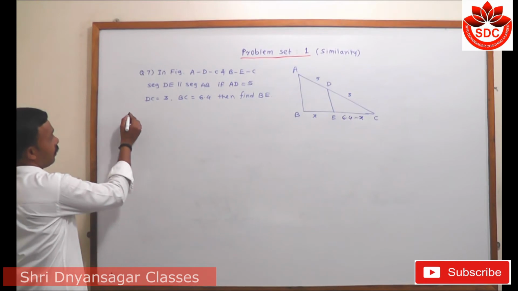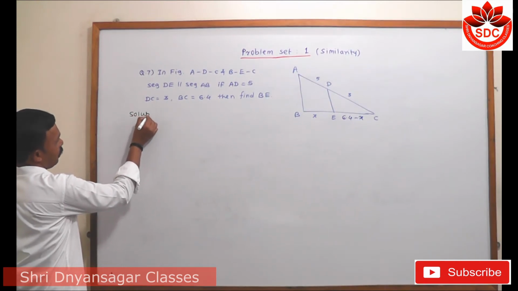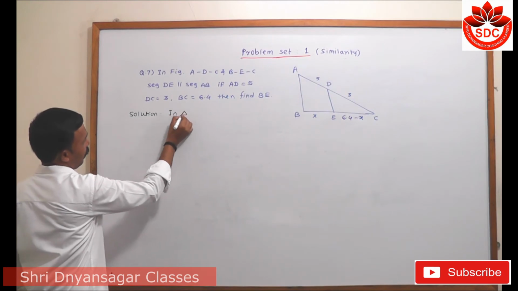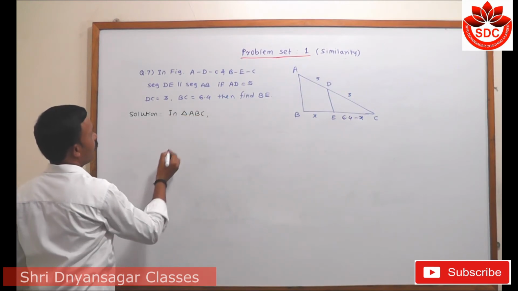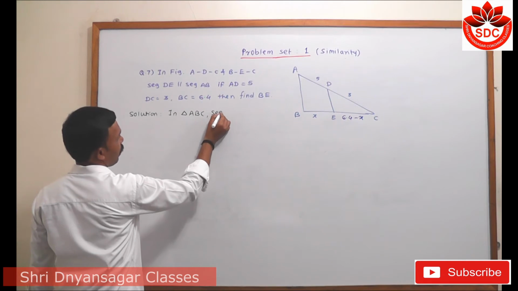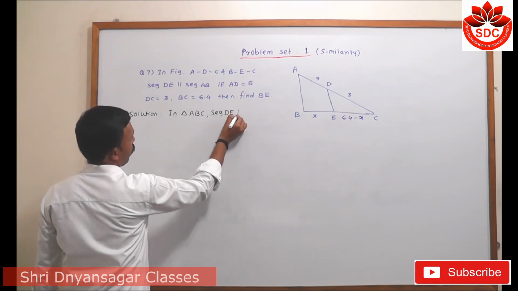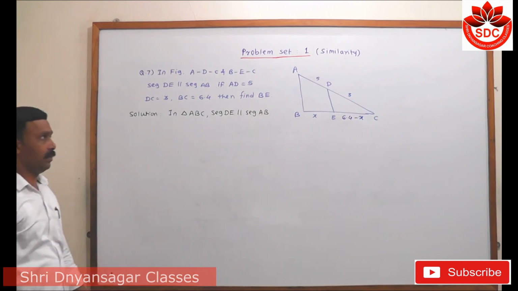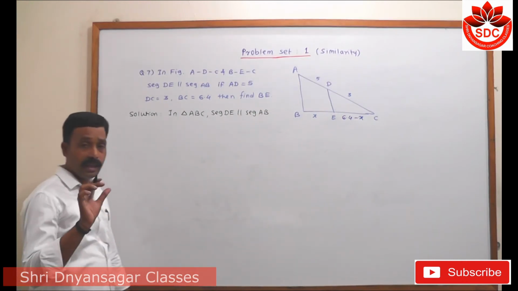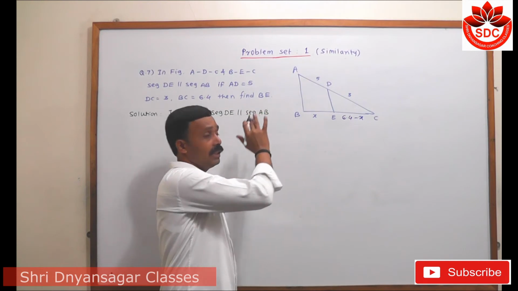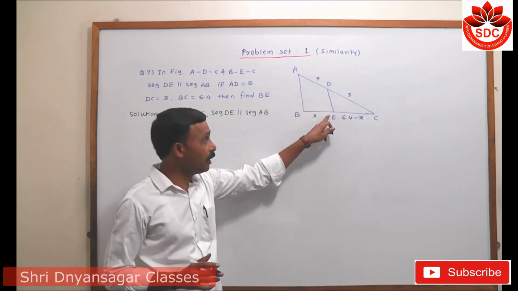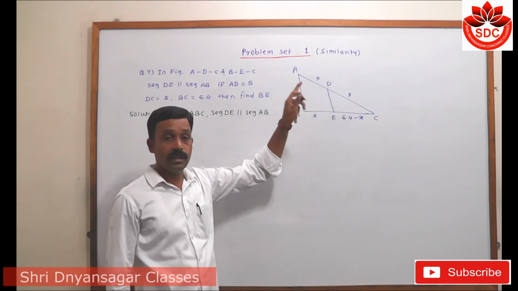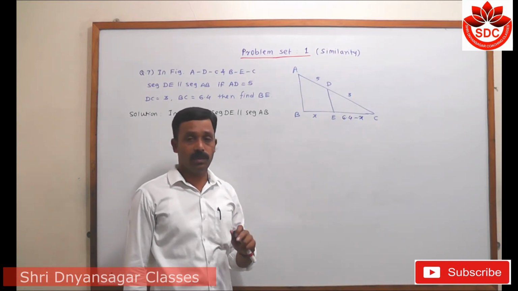Solution: in triangle ABC, segment DE is parallel with segment AB. This is our given. In any triangle, if a line is parallel to one side and intersects the remaining two sides in two distinct points, then it divides the other sides in the same proportion. This is the basic proportionality theorem.